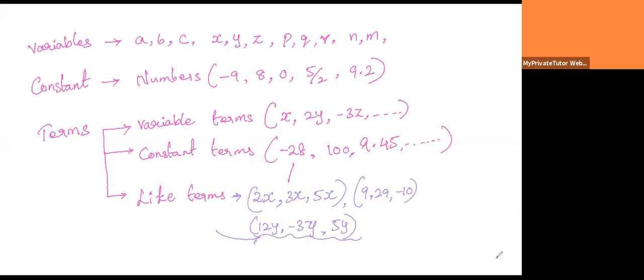The next one is expression. This is what we are going to concentrate on more today. What do you mean by expression? The combination of multiple terms. One term is nothing but 2x, or rather 3x.